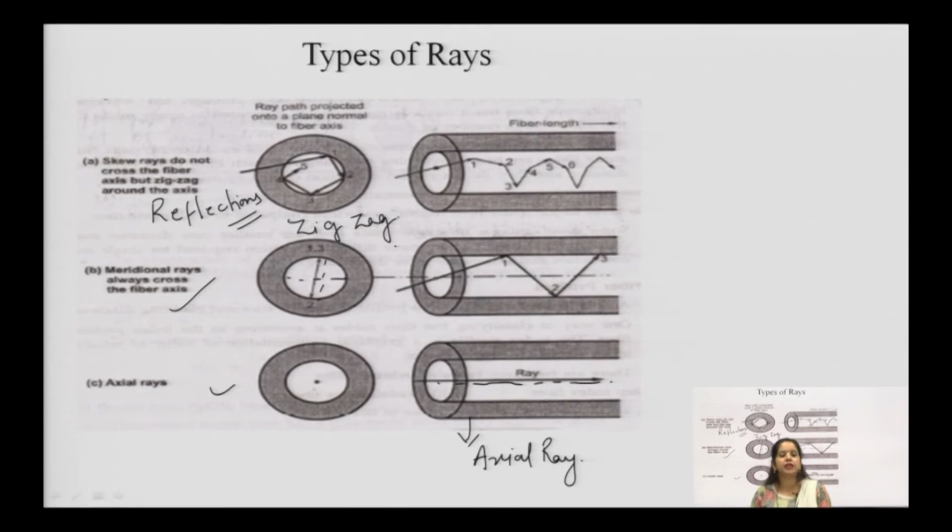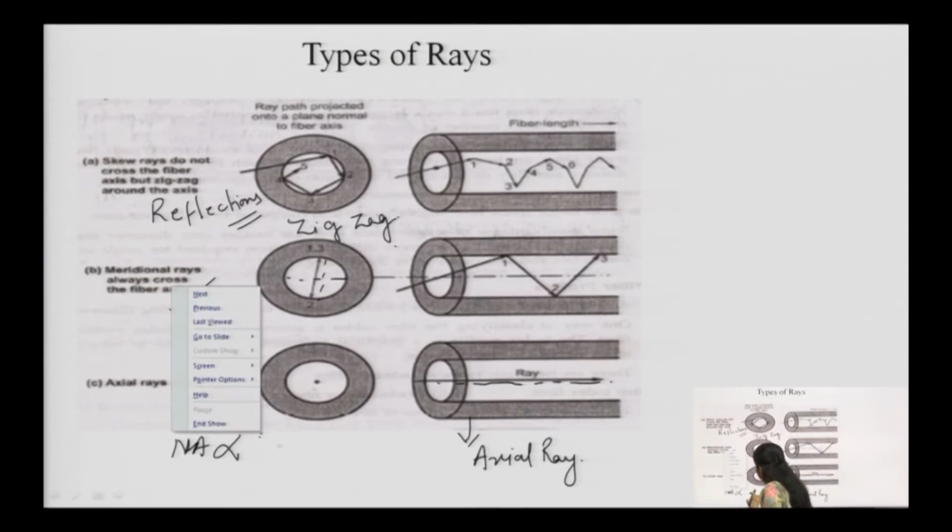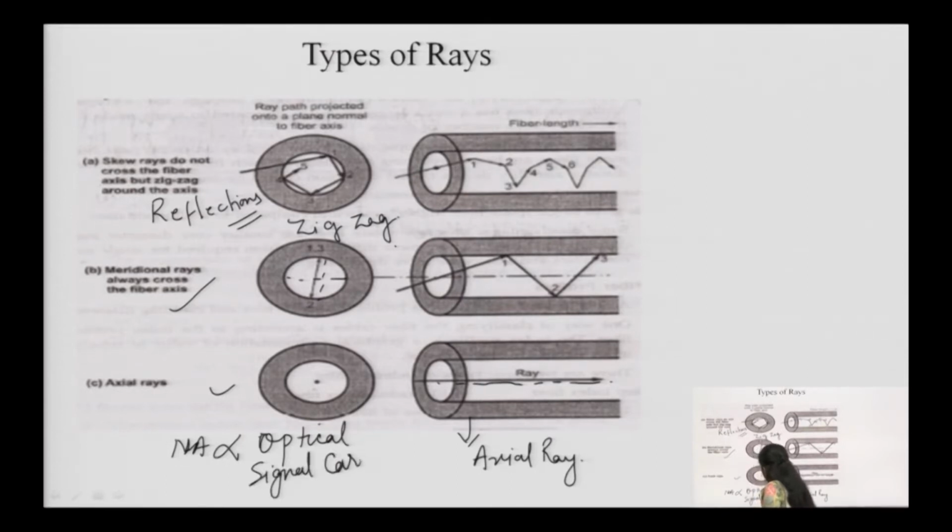Of course, if the acceptance of rays is higher, then the information carrying capacity will also increase. So numerical aperture is directly proportional to the optical signal carrying capacity.